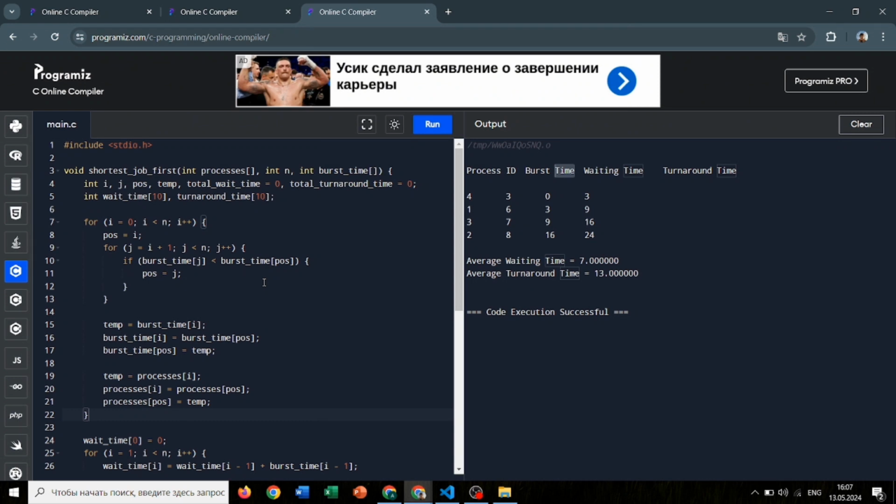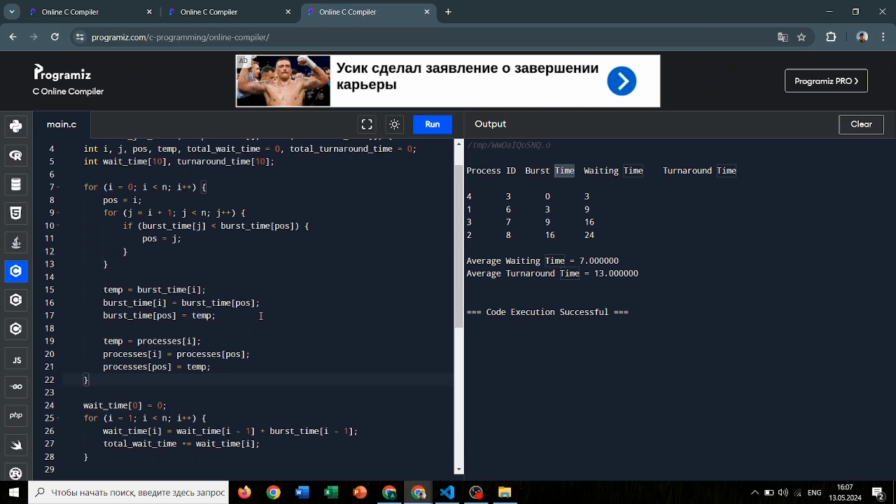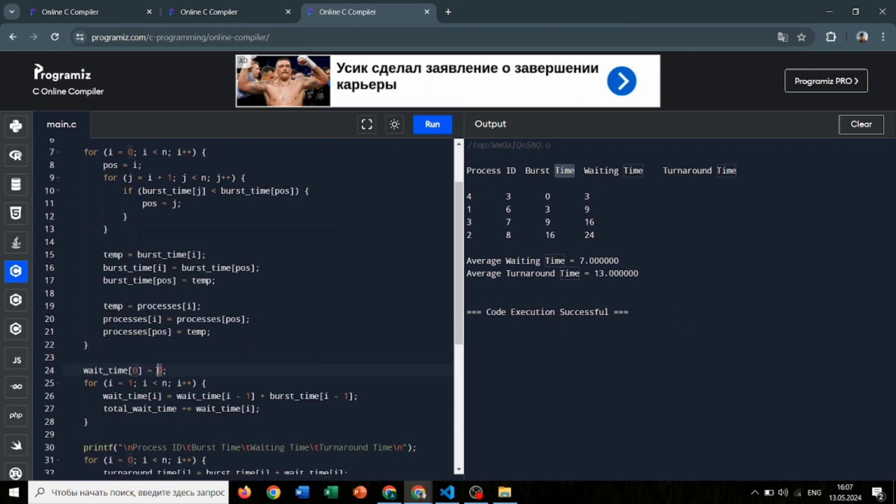The waiting time for the first process is 0. For each subsequent process, the waiting time is the sum of burst times of all the previous processes.